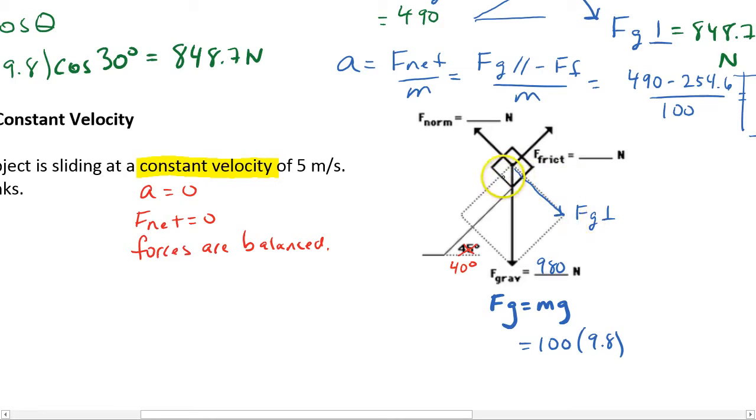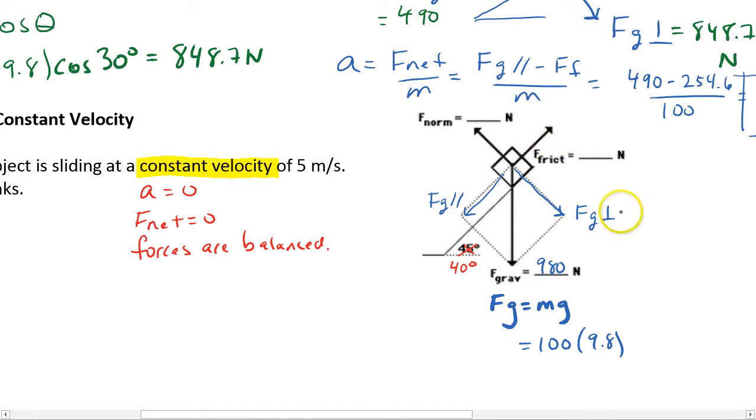And what is Fg parallel? Because the important thing here is that if everything is balanced, that means that Fg perpendicular is the same as the normal force, which all our examples have been like that. But as well, Fg parallel is going to be equal to the force of friction.